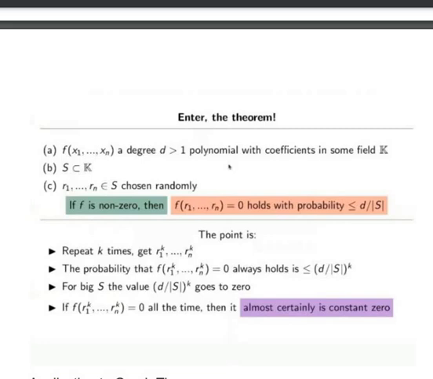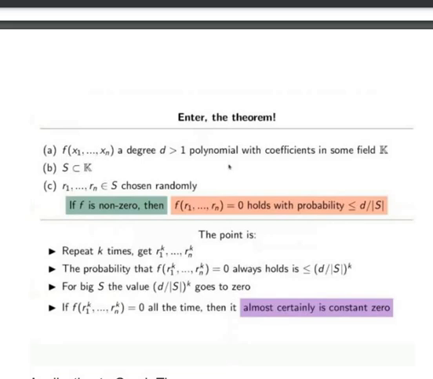But now comes the point. Let's say you have a polynomial and you really want to know whether it's 0. You just throw in a few random points and you get 0 all the time. So it can be almost certain. This is a kind of converse of the theorem. Then you can be almost certain that it is constant 0.